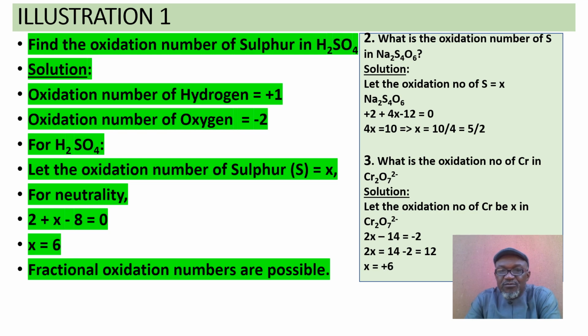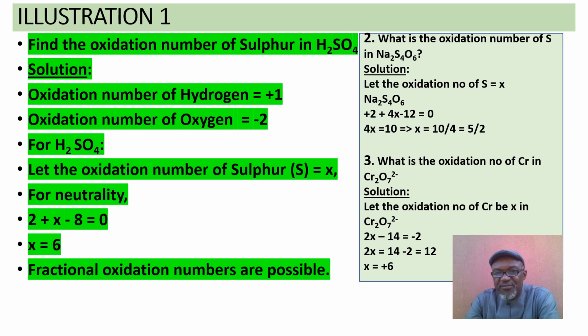Now, example 2 shows us that we can also obtain fractional oxidation numbers. Now, what is the oxidation number of sulfur in sodium thiosulfate? Sodium thiosulfate is Na2S4O6. The same thing again.